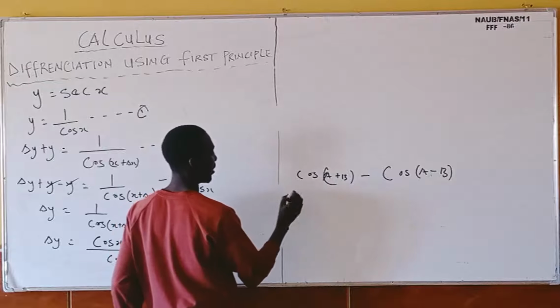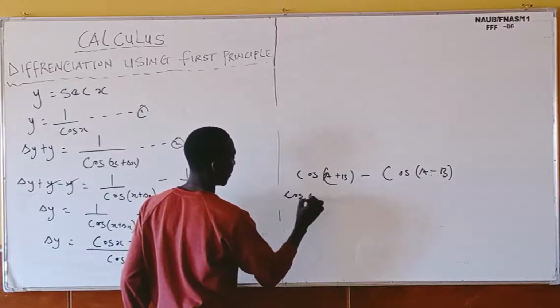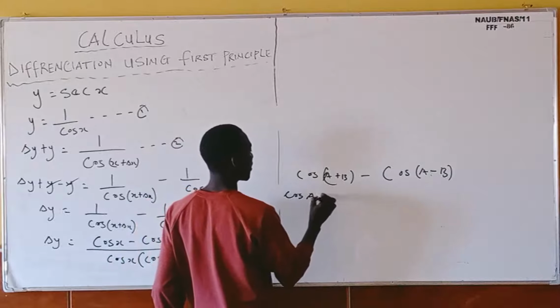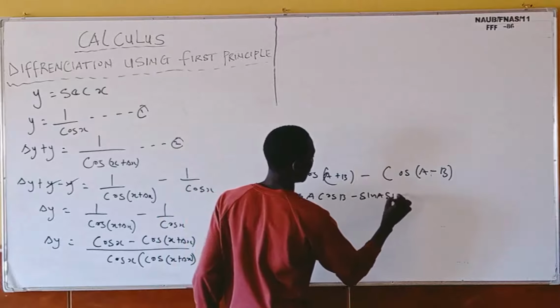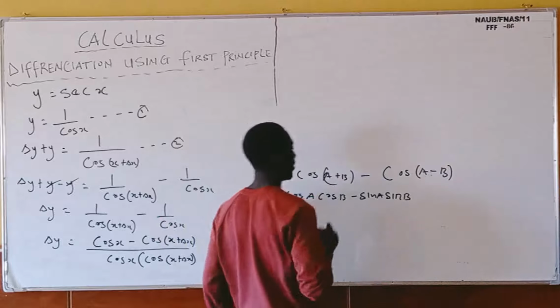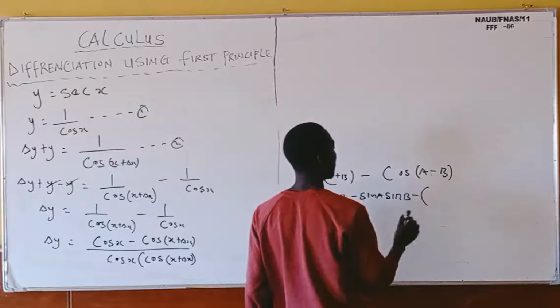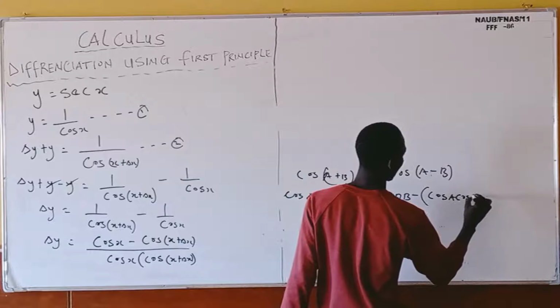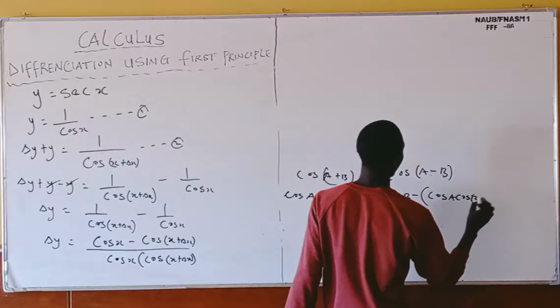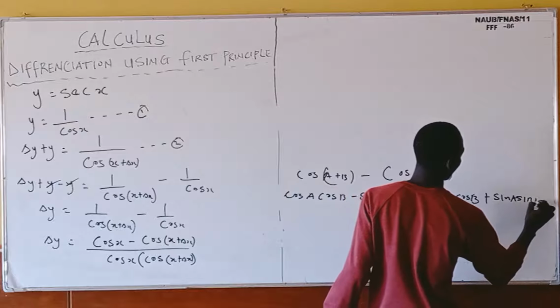If you expand, cos(a plus b) is nothing but cos a cos b minus sin a sin b. Minus, if you expand this, it's going to give us cos a cos b plus sin a sin b.